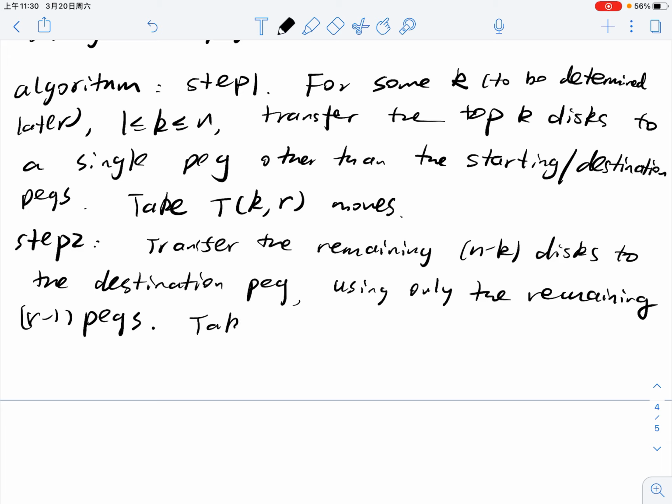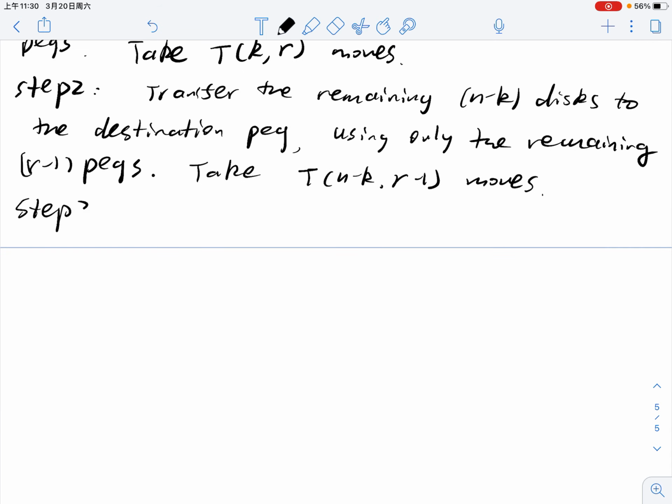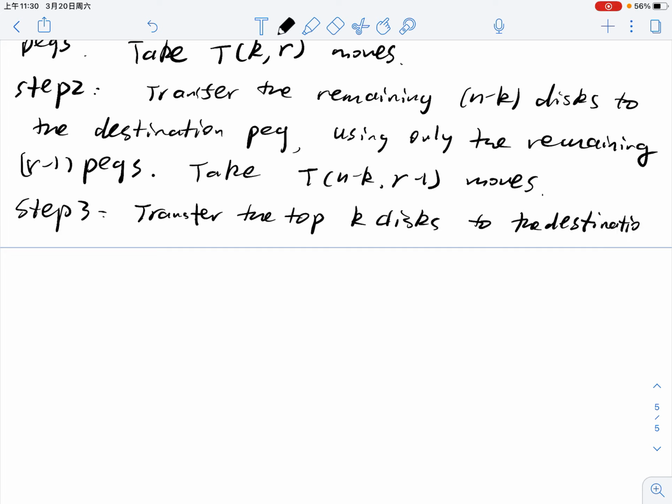So this step takes T(m minus k, r minus 1) moves. And step 3, transfer the top k disks to the destination. So this step takes T(k, r) moves.